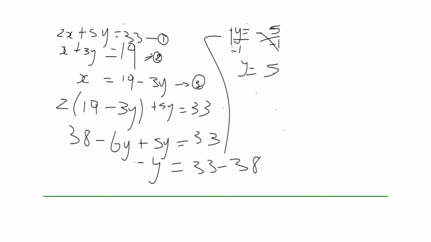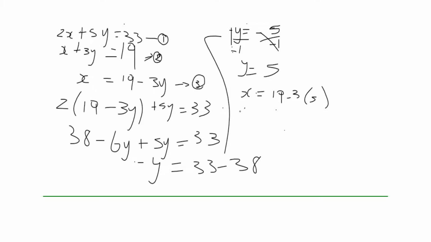Now, wherever I see y in equation 3, I'm going to substitute 5. So you have x equals 19 minus 3, and I'm going to substitute the y for 5.